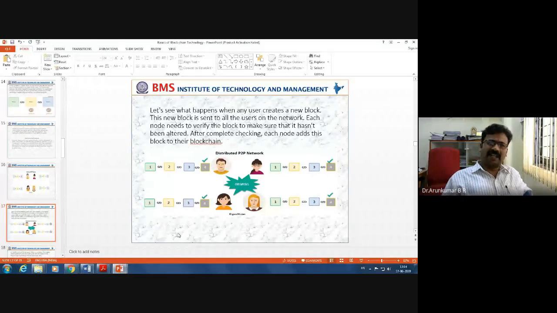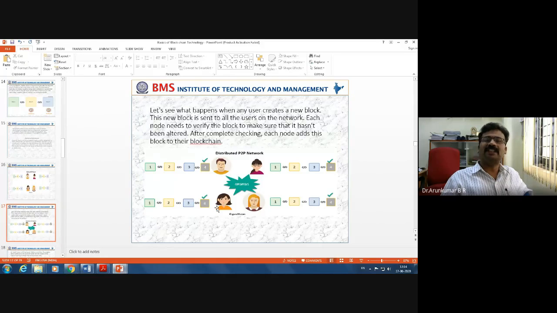After complete checking, each node adds this block to their own blockchain. So this is the difference. You can see here 1, 2, 3, 1, 2, 3, 1, 2, 3, 1, 2, 3. Block 4 is added, a new block is added everywhere.